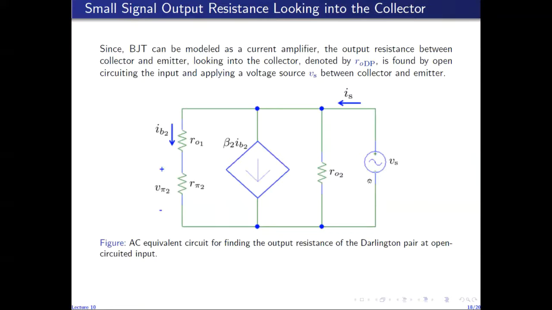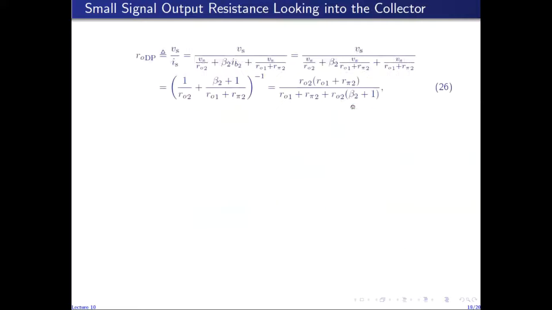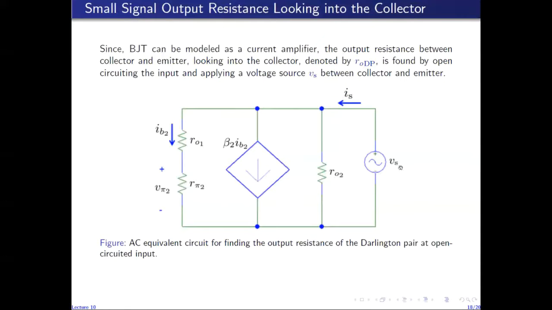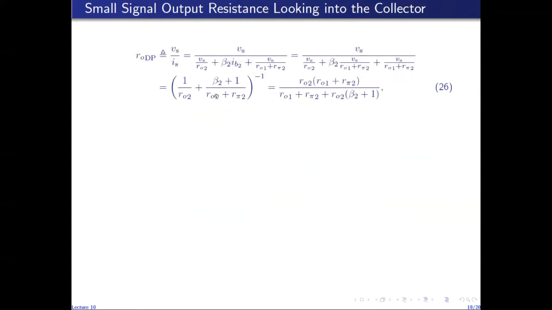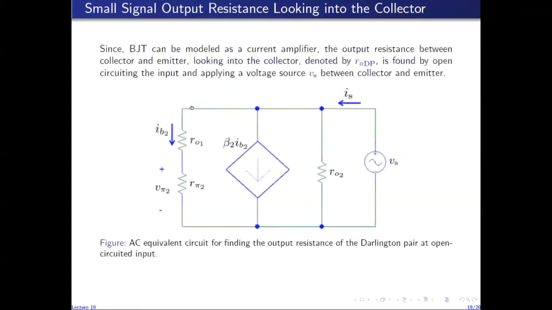From this circuit, you can see that Is divides between this branch and this branch. So small R0 dp is Vs over Is. And Is is the current through this branch, which is Vs over R02, plus beta 2 times IB2, plus this current, which is Vs divided by the sum of these two resistors.